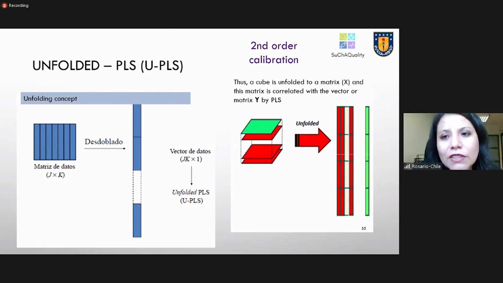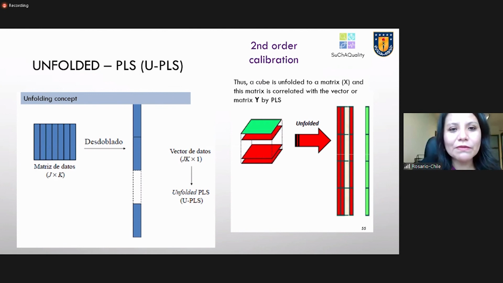The advantage of second order calibration is that I can quantify one analyte in the presence of interference, okay? But this is also the advantage of first order calibration, it's the same. Yes, but in first order calibration, I can quantify my analyte in the presence of the interference, but the interference must be there in the calibration samples. For example, if I analyze a chocolate sample, all the chocolate samples will have the interference.